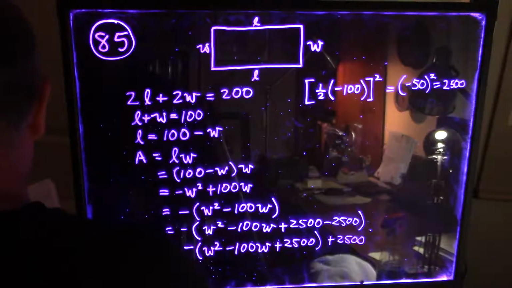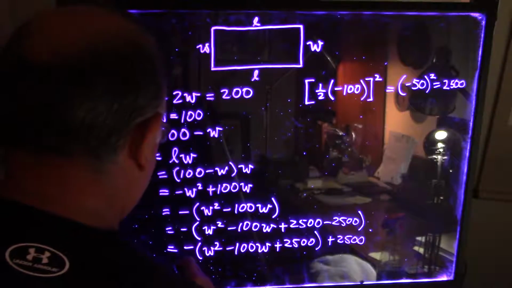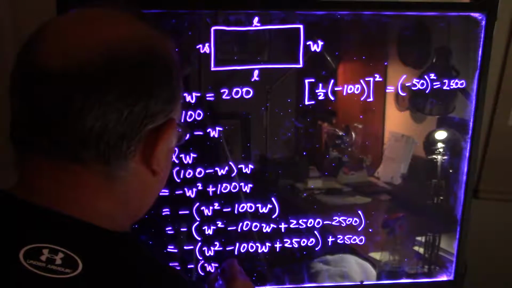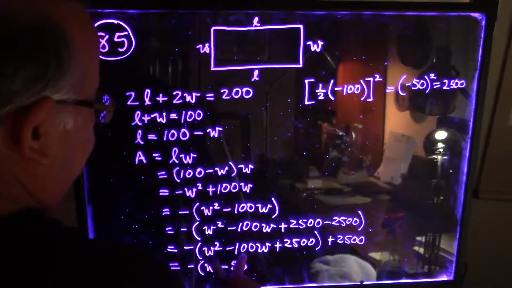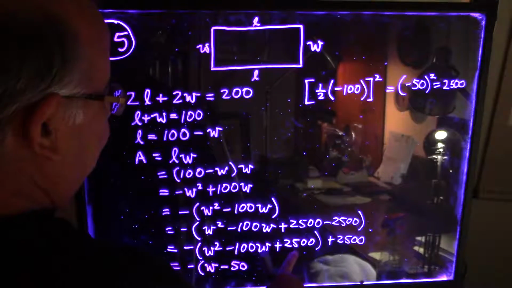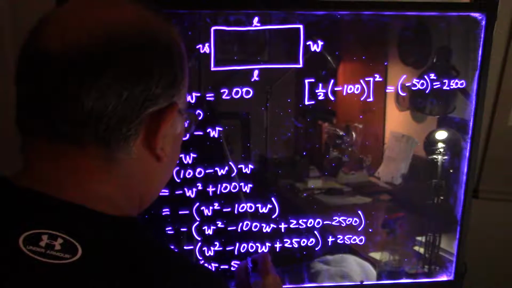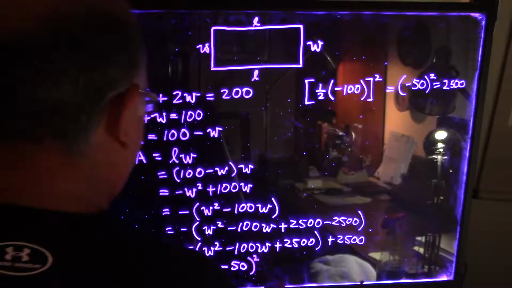Okay, so this is a perfect square trinomial as always. So we got negative, and that's going to be w minus 50. You can take either half of the 100 or square root of 2500 to get that 50. Either way works. Squared plus 2500.